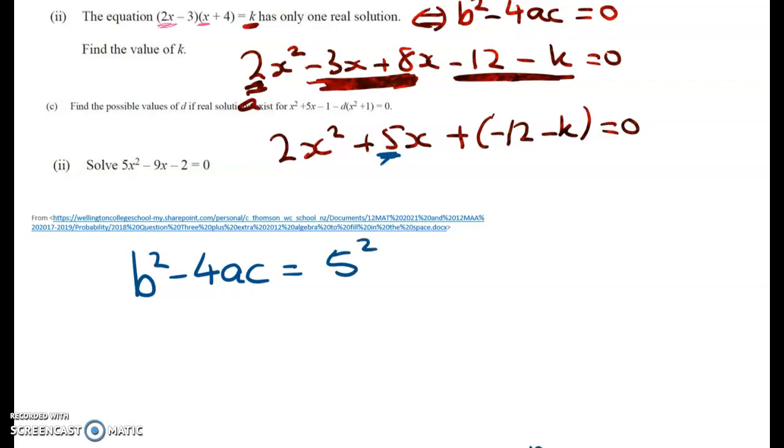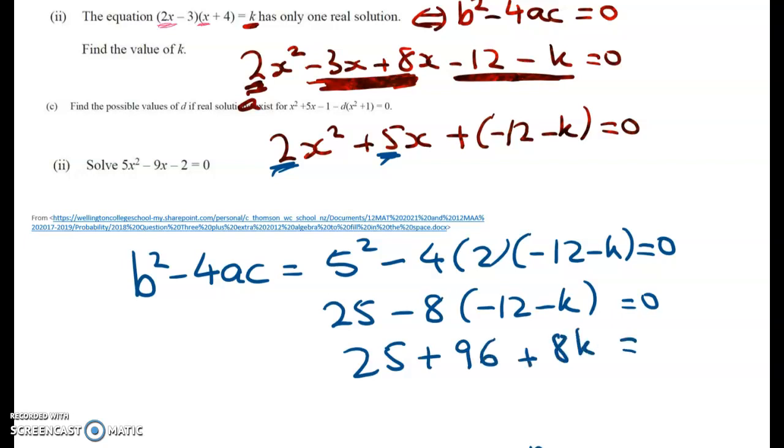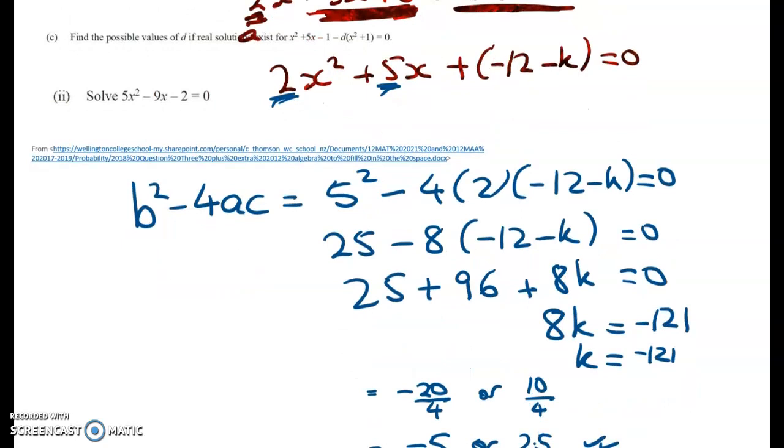So there's the b, 5 squared minus 4 times a, which is 2, times negative 12 minus k equals 0. 25 minus 8 times negative 12 minus k is equal to 0. 25 plus 96 plus 8k equals 0. That gives me 8k is equal to negative 121. Final answer of k is equal to negative 121 divided by 8.